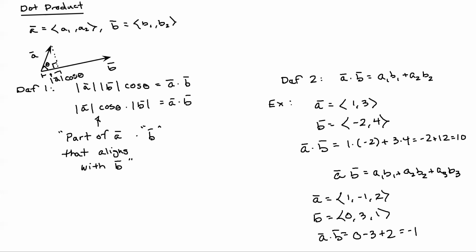Okay, so if you go through and play around with trigonometry with this triangle here, you'll get that this side of the triangle is the length of A cosine theta. And then the dot product is this piece multiplied by this piece, by B multiplied by the part of A that points in the same direction as B. Okay, so let's move on.